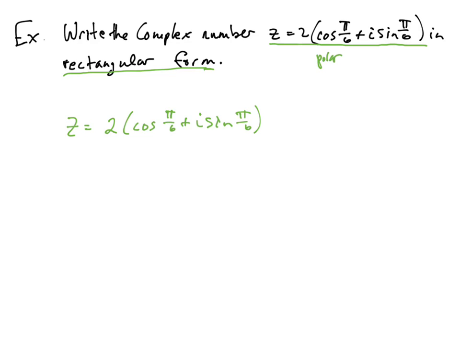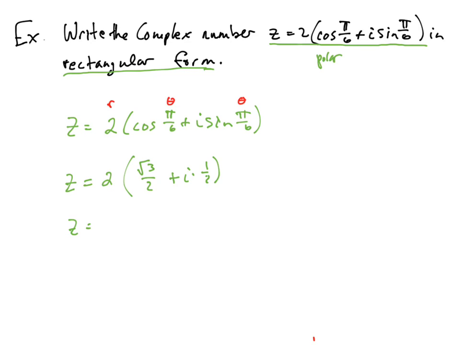So what we see here is that 2 is the r value, and then pi over 6 is the theta value. To convert this into rectangular form, all we need to do is simplify and multiply this out. So cosine at pi over 6 is square root 3 over 2, plus i times sine at pi over 6 is 1/2.